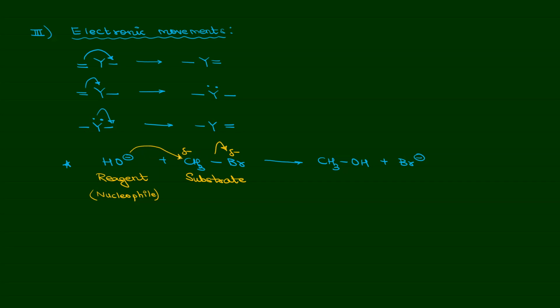Negative donates to the carbon. This bond breaks and the Br is eliminated from the reaction, converting the methyl bromide to methyl alcohol, which is, of course, the product of the reaction. And the Br minus is the leaving group of the reaction, the byproduct, or simply a more sophisticated word, that is leaving group.